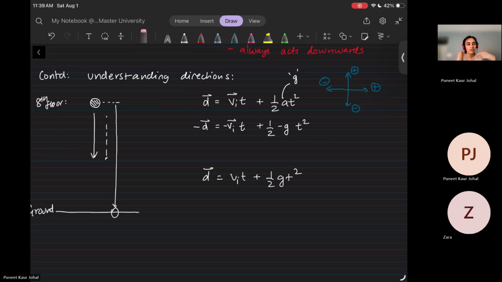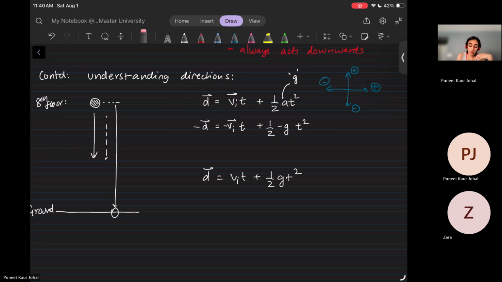So once you do a lot of questions, you'll get an intuitive understanding of what is a good direction to be chosen as positive, because you would see, okay, it's going down, displacement is down, velocity is down, acceleration's down. So I might as well just choose my downward direction to be positive. But it's something that will come with more and more practice and intuition.